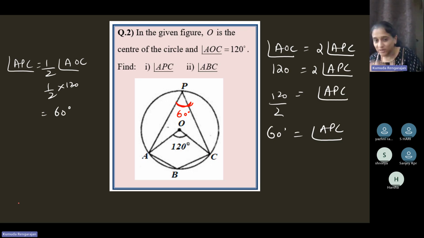Why? They're equal, no? Opposite. By adding some property, we can add this. Property of cyclic quadrilateral. Identify the cyclic quadrilateral. Opposite angles are supplementary.